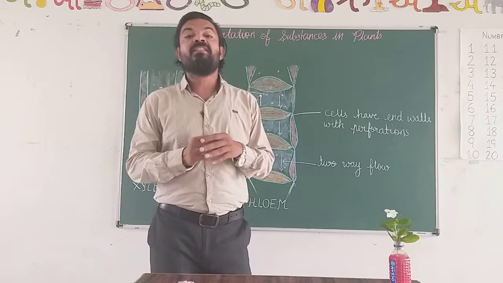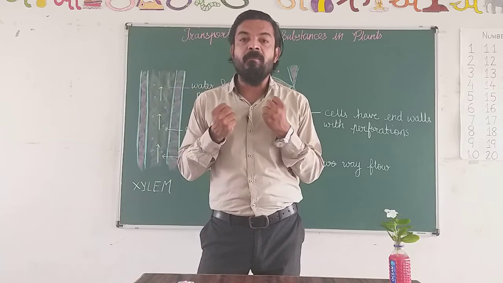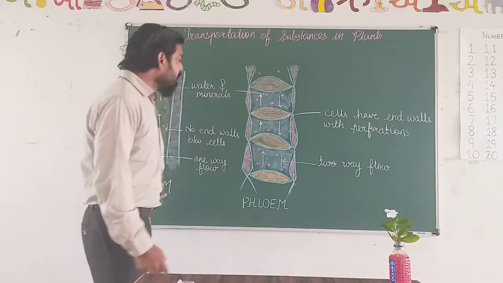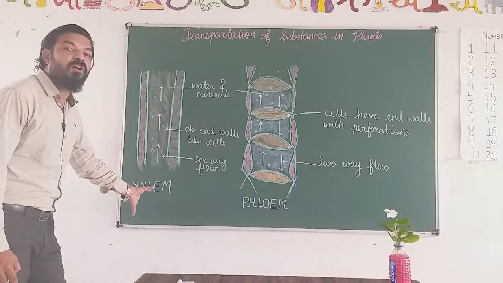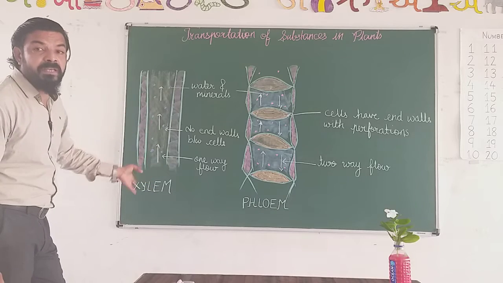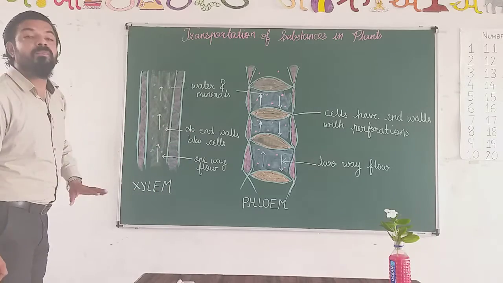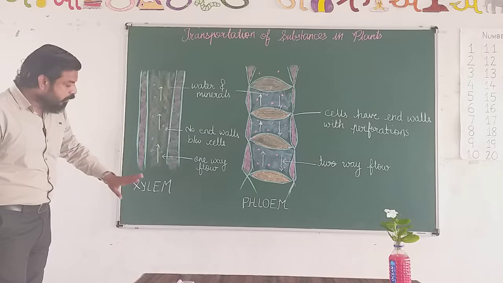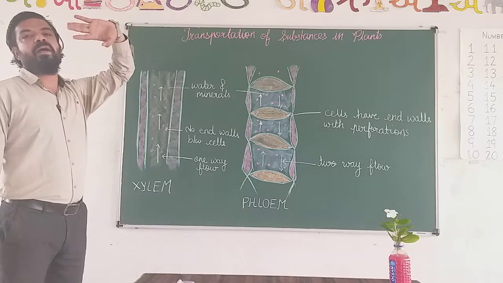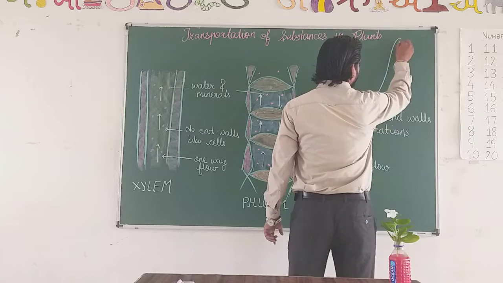Xylem is the vascular bundle, a tissue combined together, which helps in the transportation of water and minerals from the root, from the bottom, to all parts of the plant. Here I can show you with a small diagram.